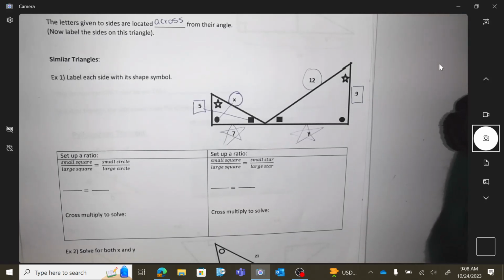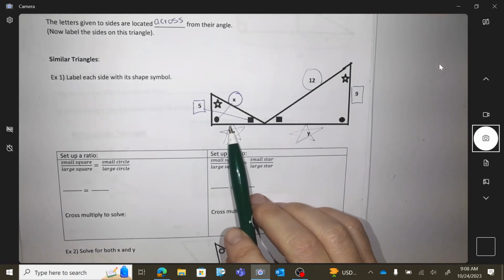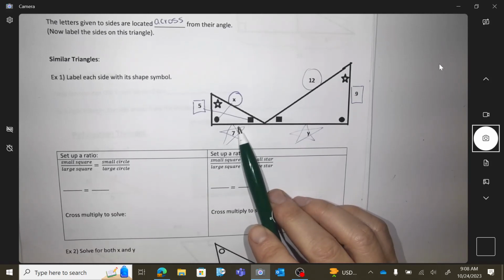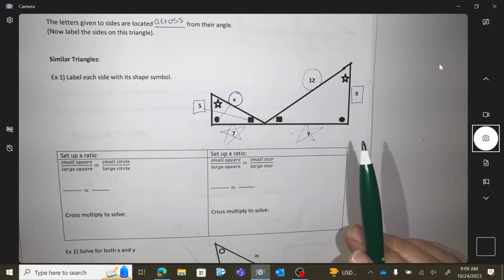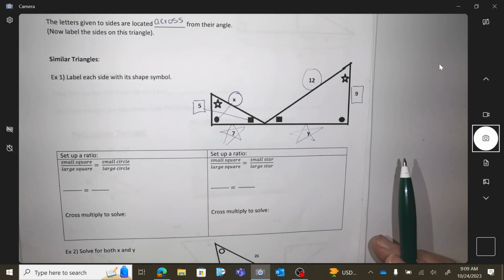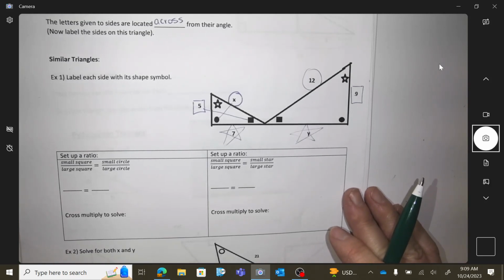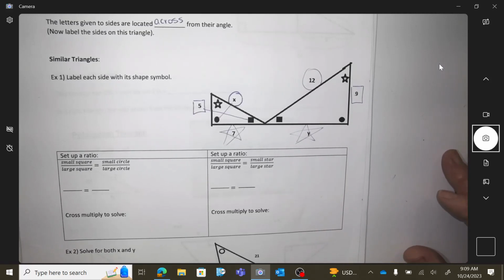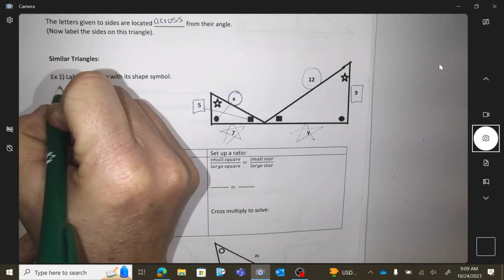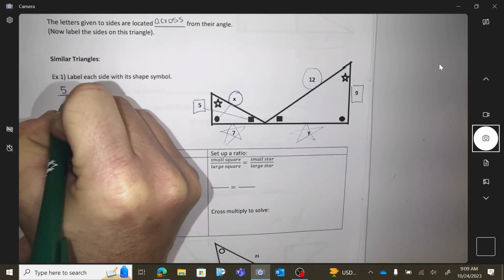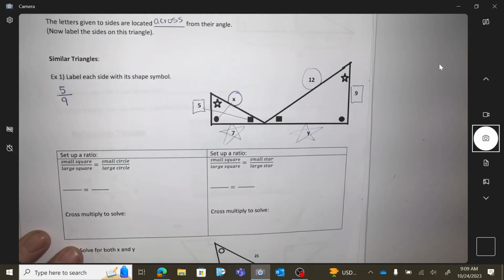If you can kind of see it, this is called the little one, this is the big one. It's like you enlarged it and then you kind of flipped it over, but they are similar to each other. So we're going to make proportions. Probably you've done this somewhere in your math career. I'm going to go the little square to the big square.